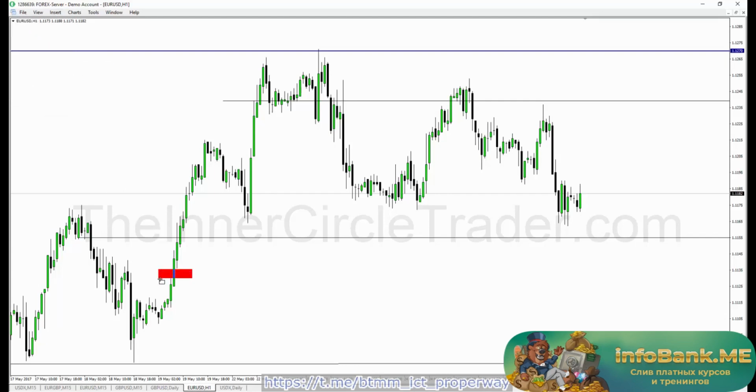So right here, this is a fair value gap, and to the left of it, we have 2 down closed candles, right before a nice move. So we know there's a bullish order block right there. So we have a convergence of 2 discount arrays right here, and it's below the equal lows.